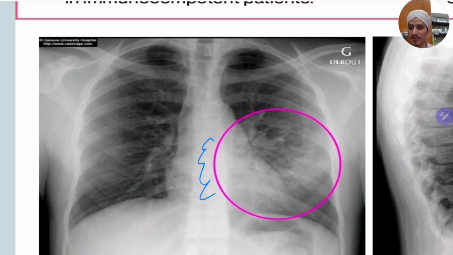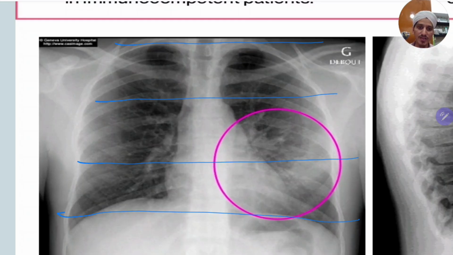Exposure is okay, and if you count the ribs, 1, 2, 3, 4, 5, 6, then inspiration is also good. If you divide it into zones, this is the upper zone, this is the middle zone, and this is the lower zone. You are seeing opacification here and here.